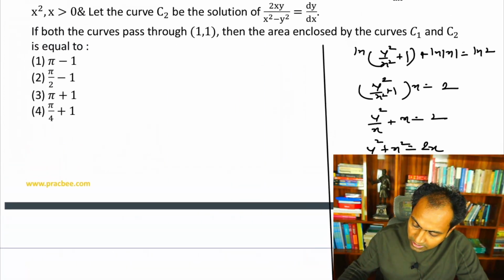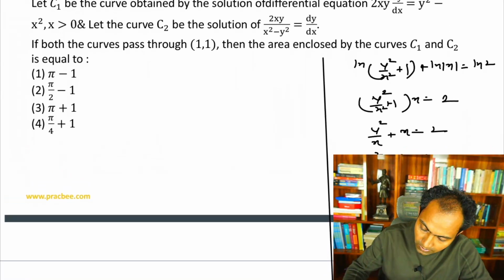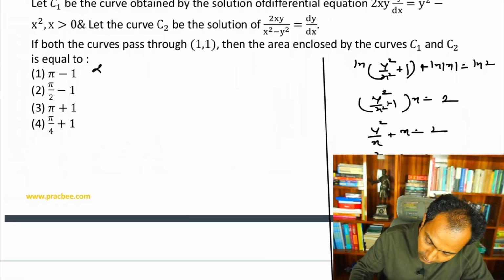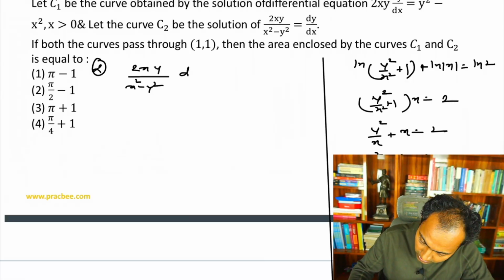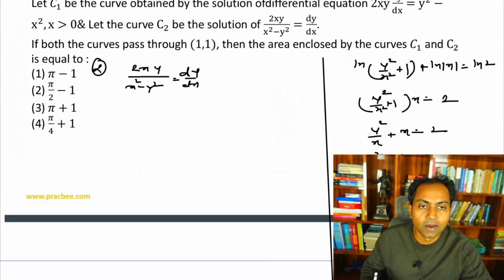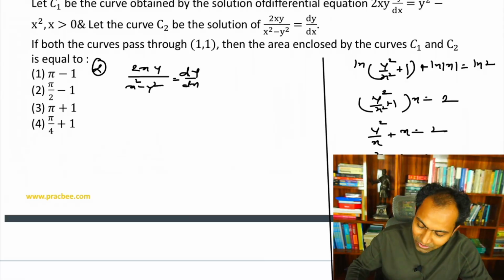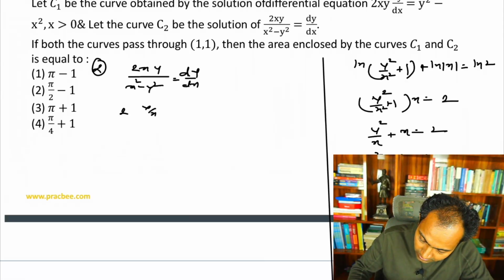So if I start with the next curve, this next curve is given as nothing but (2xy by x square minus y square) dy by dx is equal to dy by dx. So this is again a homogeneous equation. We will again write it in terms of 2y by x over 1 minus y square by x square.